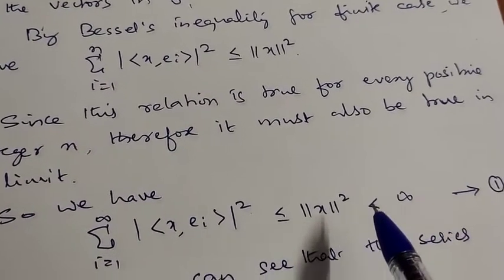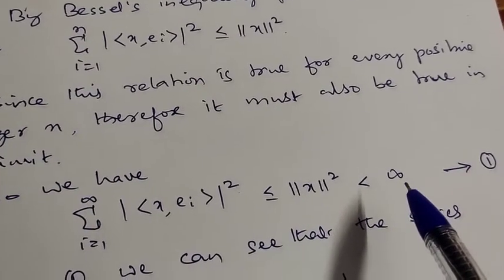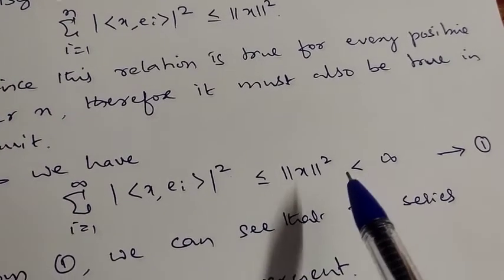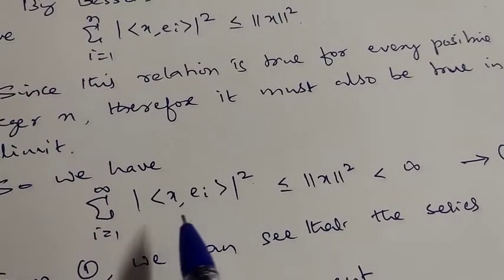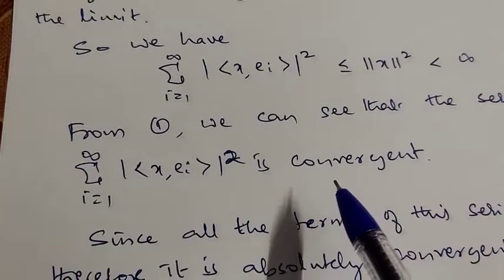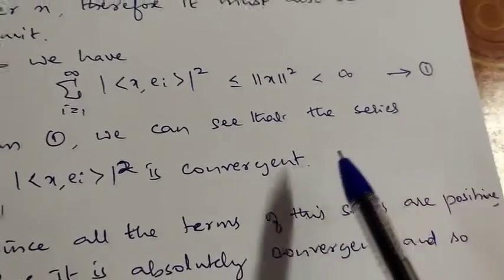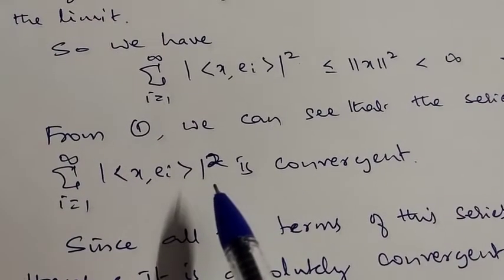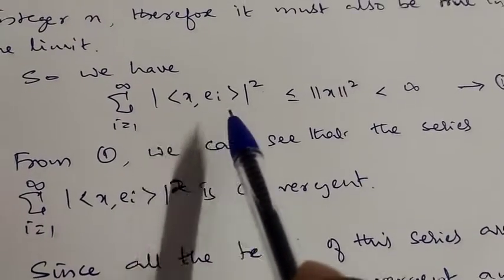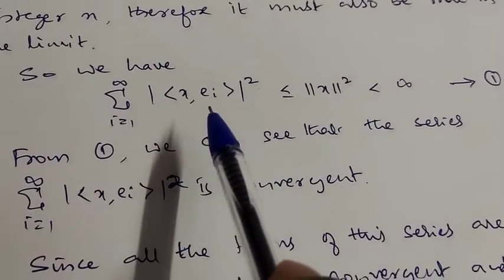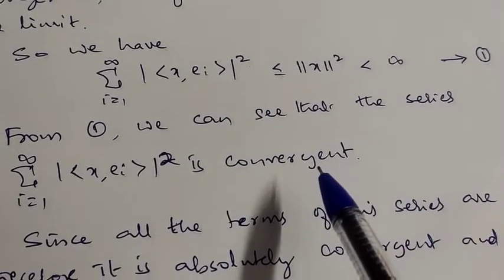But the norm of x square is definitely a finite quantity. Call this number 1. Now the left hand term is finite, which means this series converges. From 1 we can see that the series is convergent, because its sum is finite.